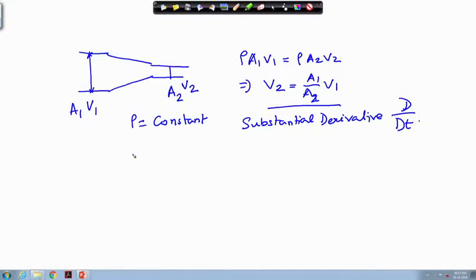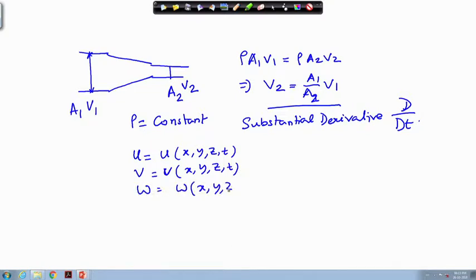You just assume, the detail will be given in the handout, that you have a generic 3D flow where at any instance of time t, the velocities and the coordinates are given like this, and after let us say time delta t, the fluid element has moved a little bit and its velocity is u plus delta u, v plus delta v and w plus delta w.